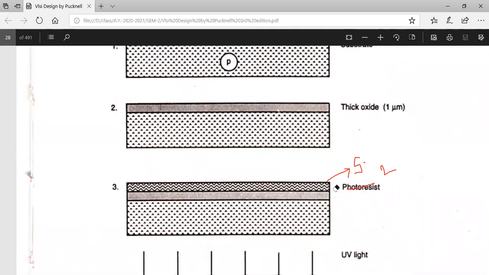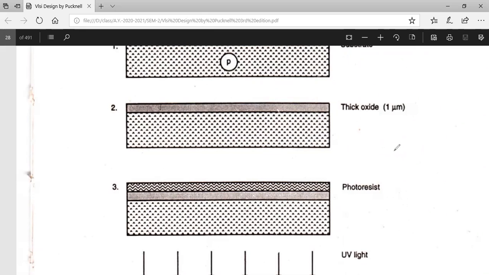Next, we have done only the oxidation process. The first step is the oxidation process, and we have formed a thick oxide. Then over that, I am forming a photoresist material. What is this photoresist? It is just like some gel-type material.